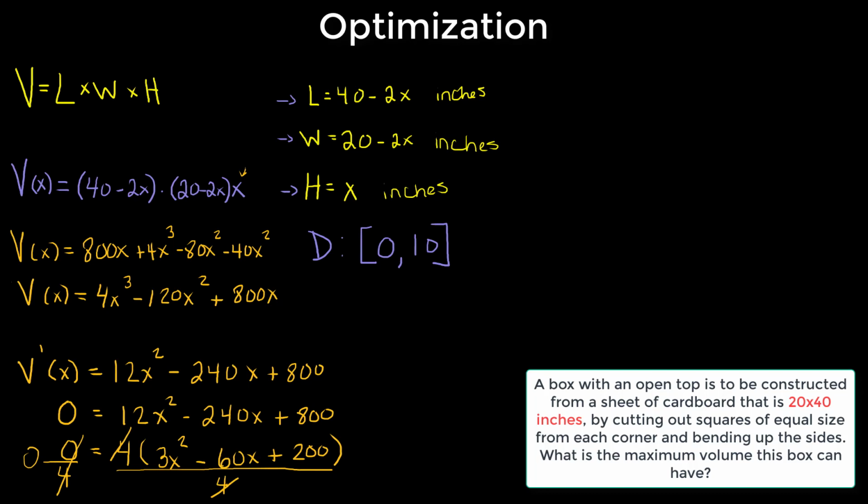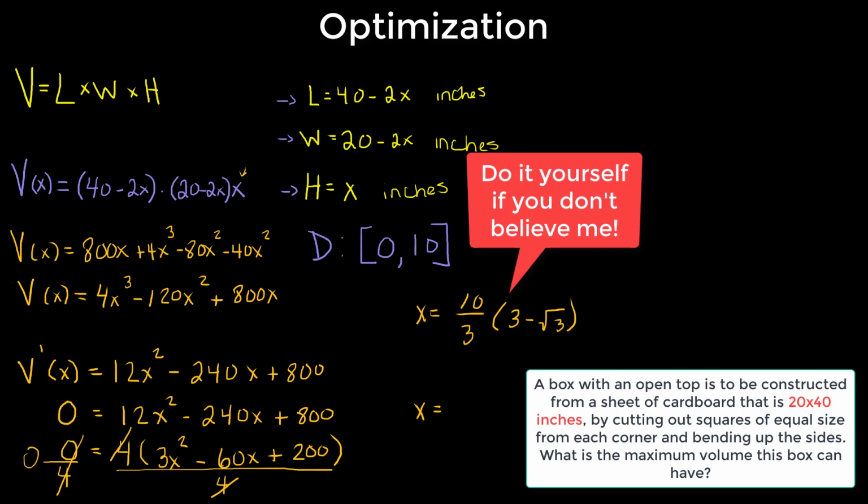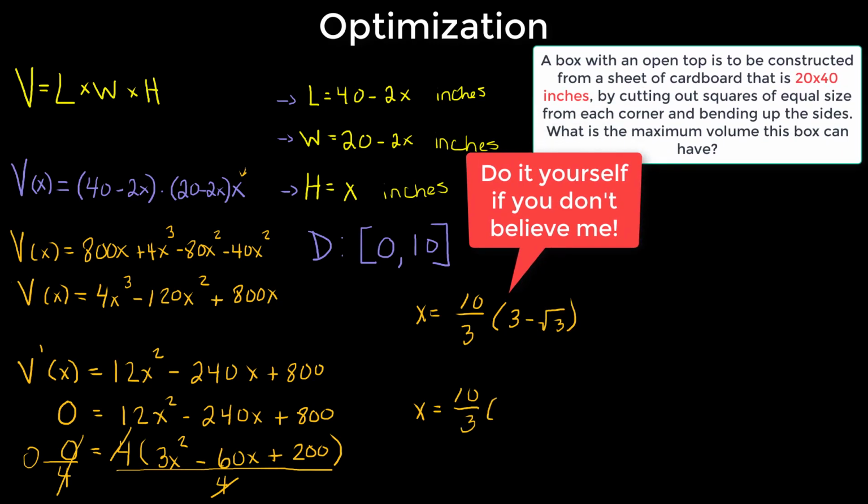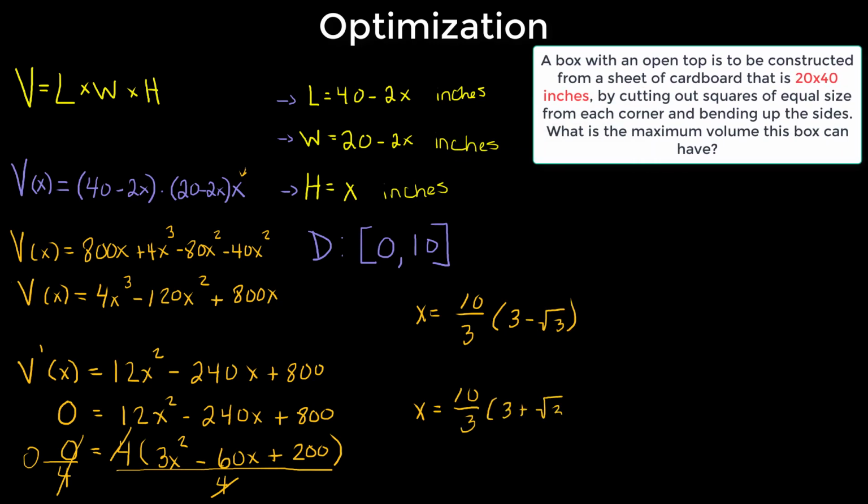To save some time, I've already done the quadratic formula, and the answers I received were x equals 10 over 3 times 3 minus the square root of 3, and x equals 10 over 3 times 3 plus the square root of 3.